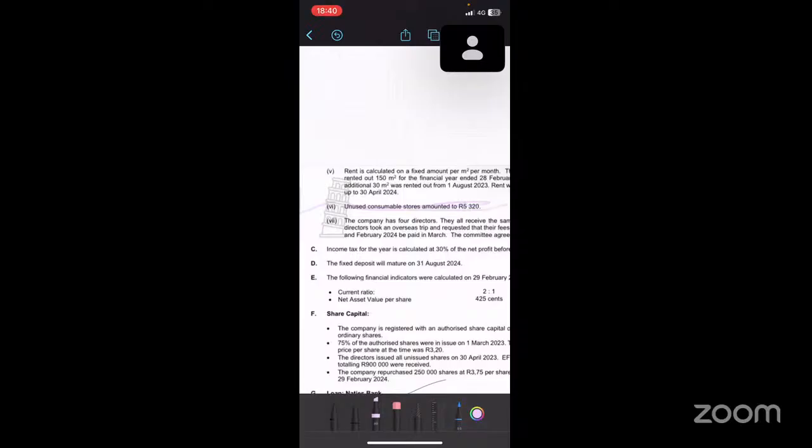Remember when we are preparing the inventories note, we also include inventories and consumables on hand, right? So this will form part of the inventories. That means we're going to have to add it because it was not used in the current financial year.